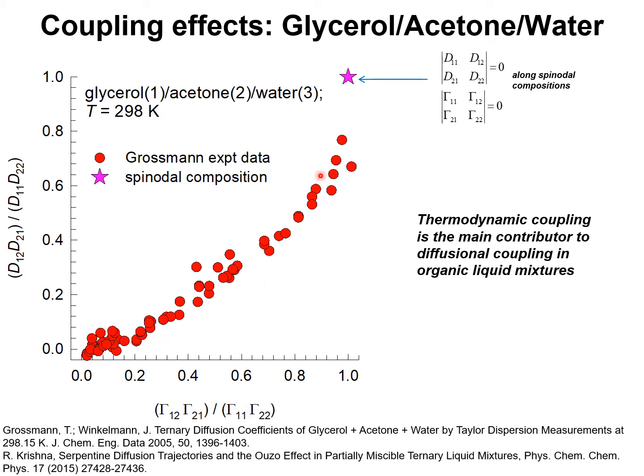We conclude that thermodynamic coupling is the major contributor to diffusional coupling in organic liquid mixtures. Also notable is the fact that these coupling effects increase and are maximum at the spinodal composition, which is plotted by the stars here.